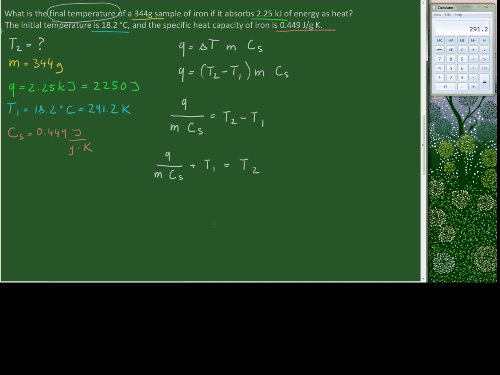And now we are ready to plug in the values. So Q we have as 2,250 joules.